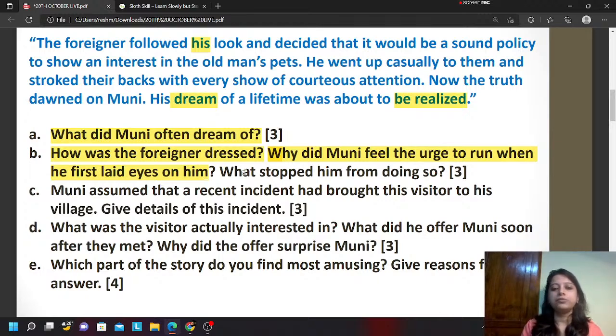What stopped him from doing so? Why couldn't Muni run? Answers, please. Why couldn't Muni run? This is also a very short answer.